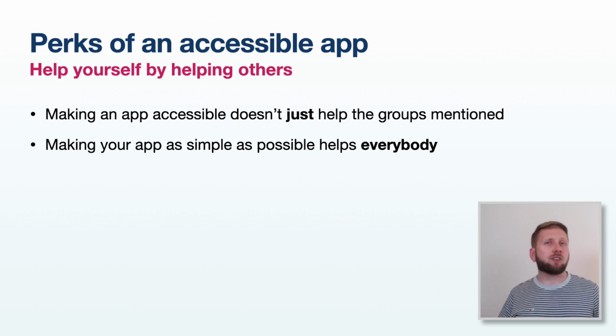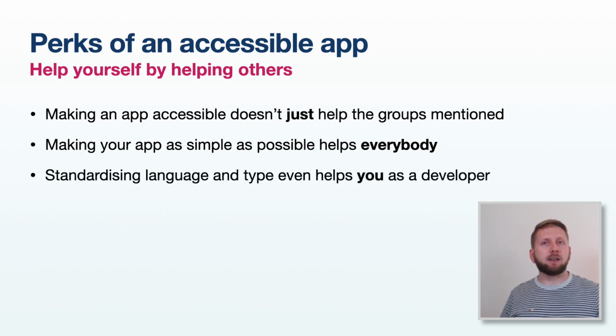If you make an app simple, easy to use, easy to click, or very visually clear, that's not just helping those people who have trouble with those areas of the app. That's also helping all the other people, right? Because a simple app lowers the cognitive complexity of the app for everybody who's using that application.